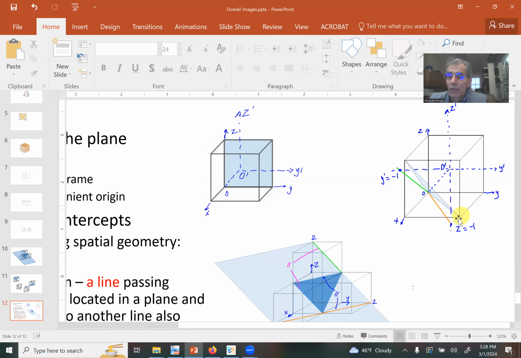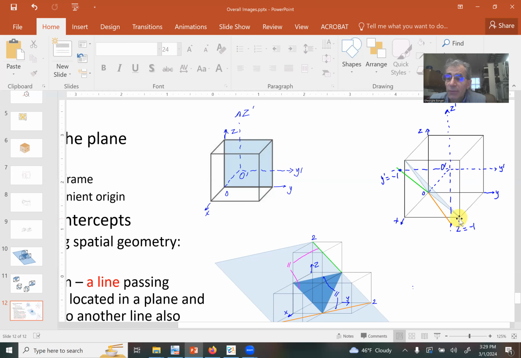First of all, this y prime is parallel, and in the same plane as this basal plane that I have here, the XOY plane. If I elongate this line, you can pay attention to its slope. And that's why I'm confident it's going to intercept y prime at y equal -1.